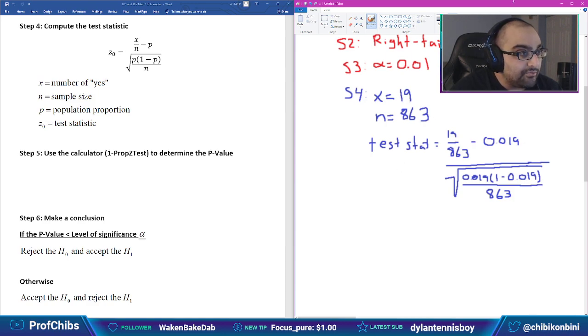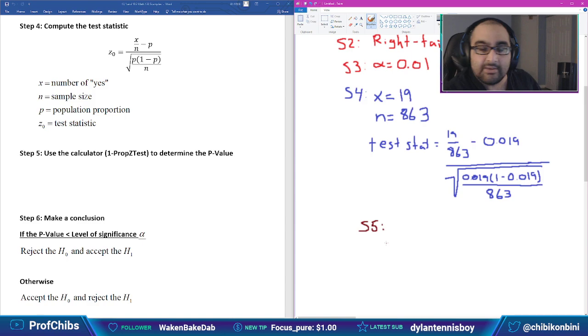For step 5, we're going to find what the test stat is. Wow, that's a very light color. Let's go with this dark red. Okay, so in step 5 we're going to figure out the test stat, and we'll also figure out the p-value.